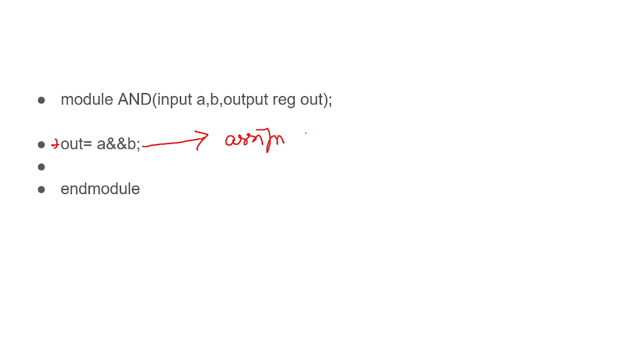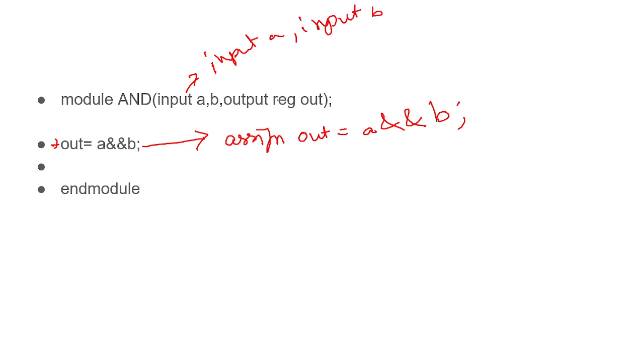That is input A, comma input B. You should give it. Okay. So here I am using an assign statement, so this RHS variable should be of wire type or register type. And also it should be a wire.